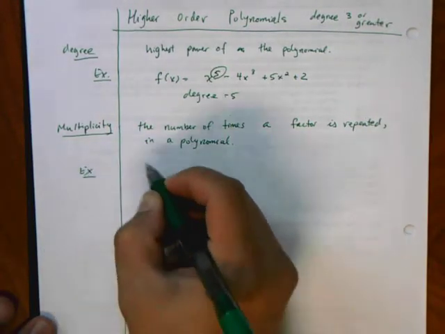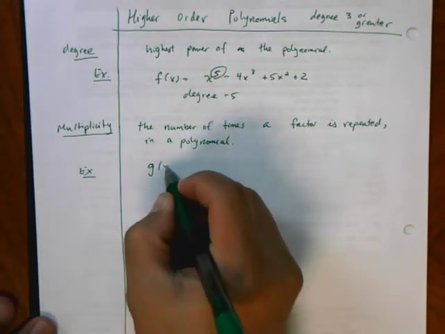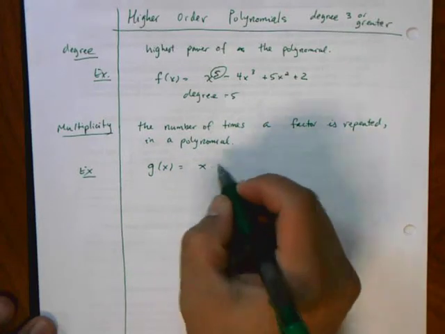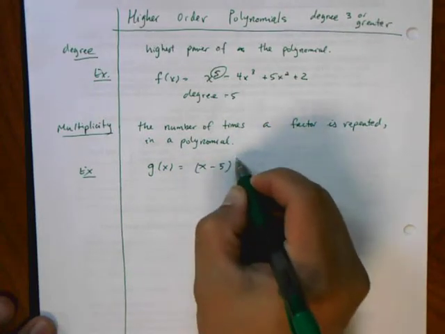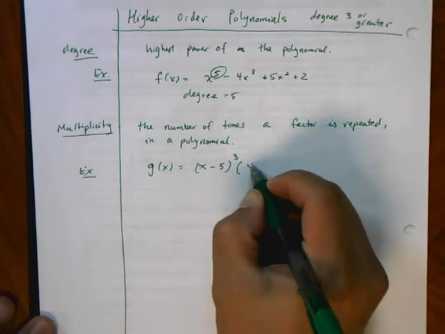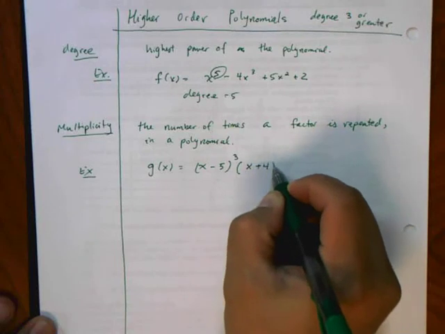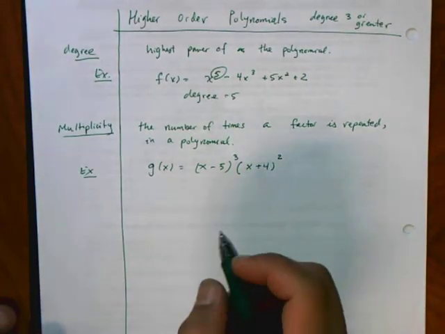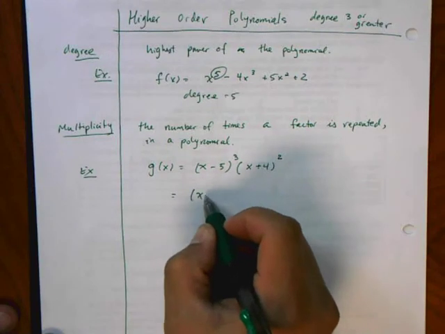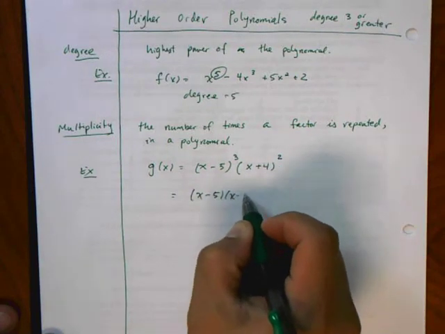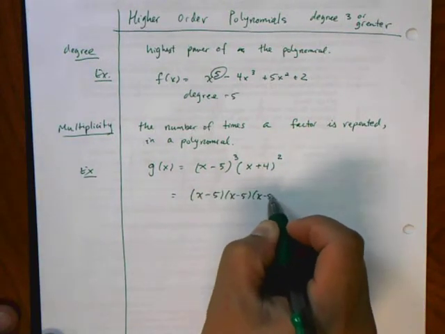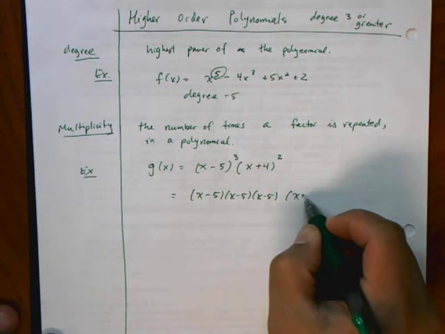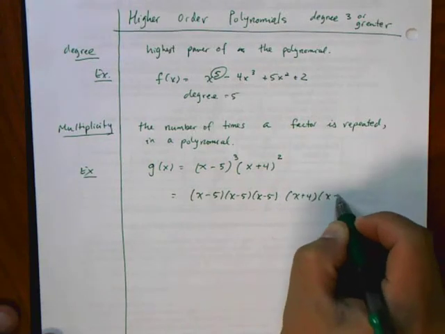For example, if I have this function g of x is equal to x minus 5 to the third times x plus 4 squared. Well, what this is really saying is this is really equal to x minus 5 times x minus 5 times x minus 5 times x plus 4 times x plus 4.